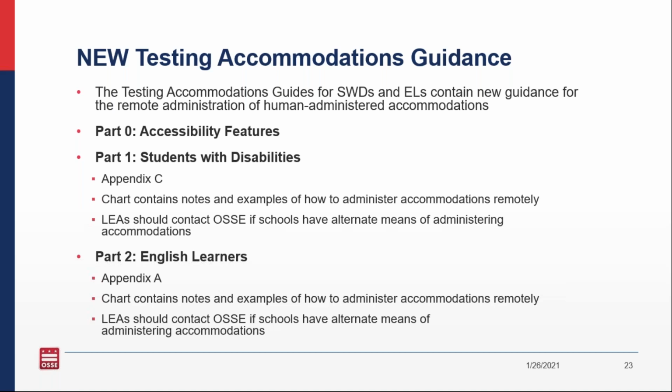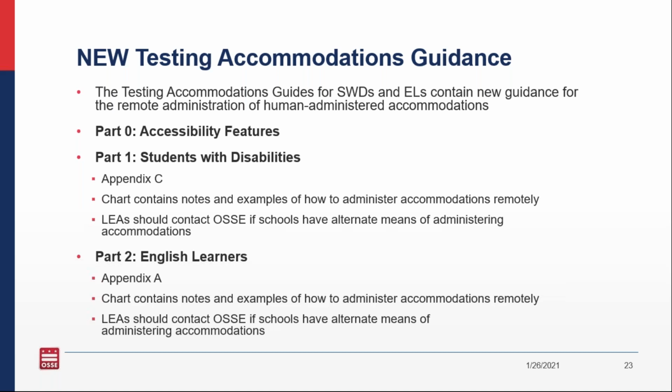And we will also walk through Appendix C momentarily, but it's going to give you examples of how to administer accommodations. We know that schools have been operating and providing accommodations to students throughout the year. So if LEAs have alternative means of administering specific accommodations, reach out to OSSE directly, reach out to me and let me know if you have different ideas about how to administer specific accommodations that we will discuss momentarily.